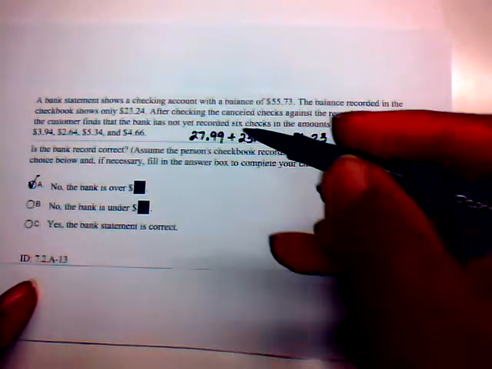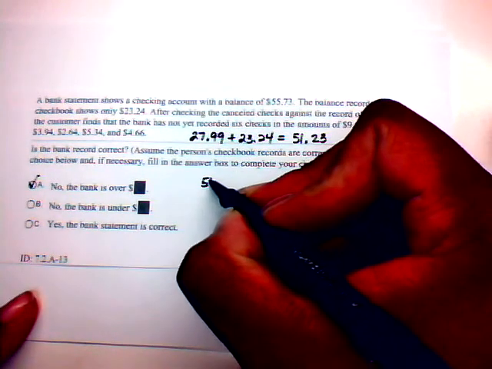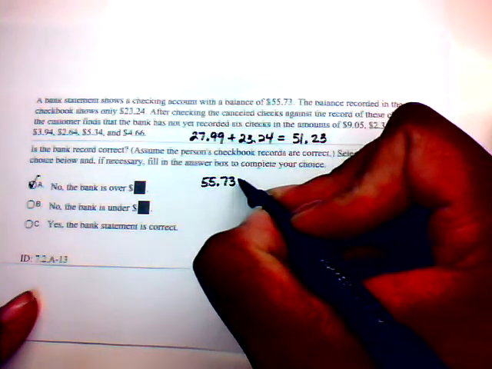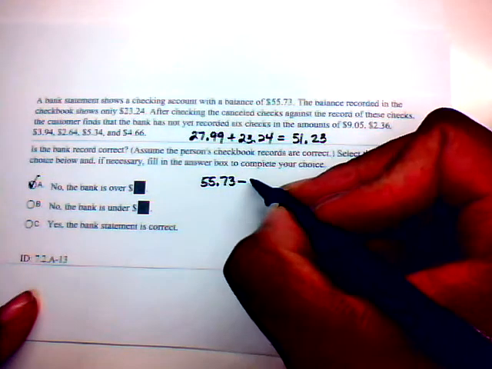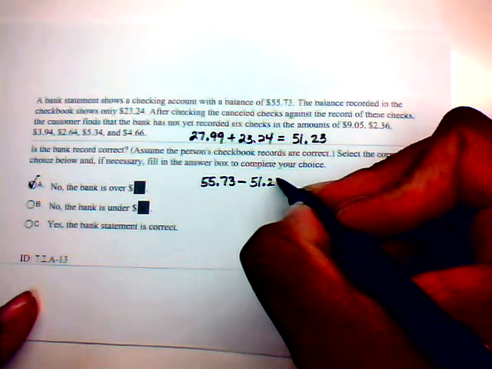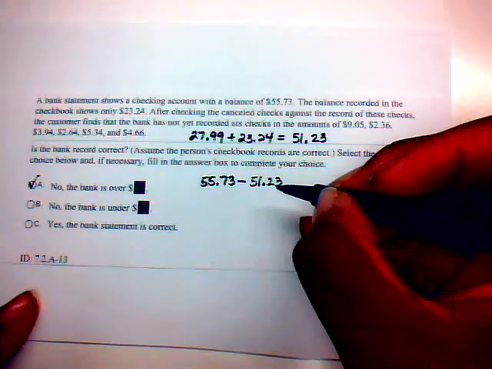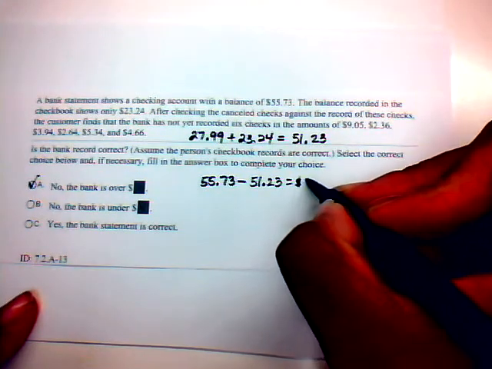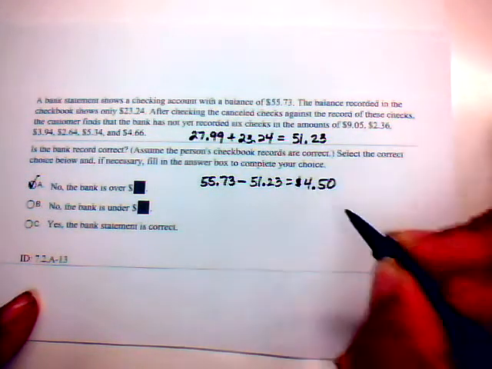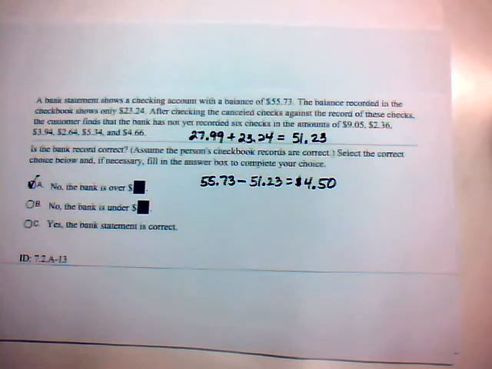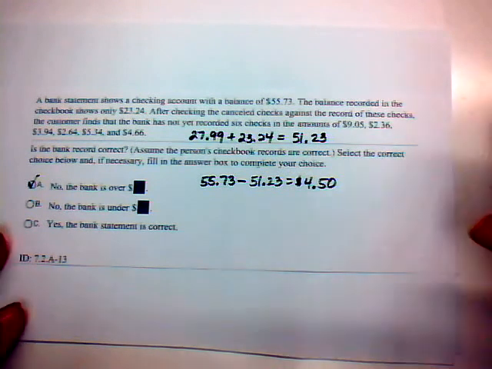Well, subtract the $55.73 that the bank has written down, and then we came up with an amount of $51.23. Here the bank is over by this amount, $4.50. Okay, so the bank is over $4.50.